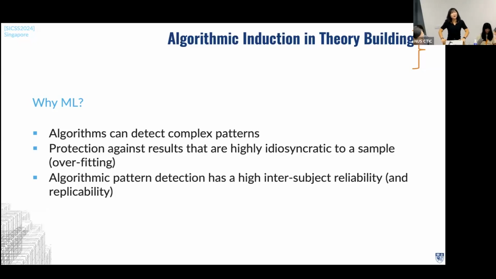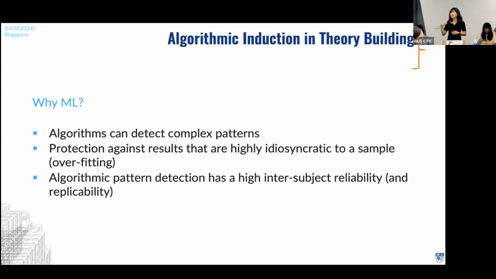Okay, so how does algorithm engage in the same inductive process, right? So algorithm can detect very complex patterns. I don't need to tell all of you here because you're here for a certain reason. You're interested in a lot of computational methods. And we know that algorithm can capture way more complicated patterns in the data that could explain the data a lot better than we do.